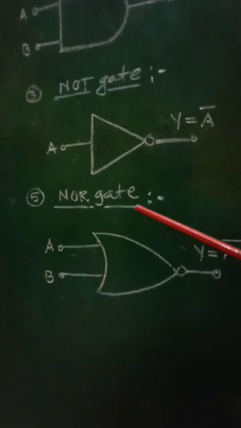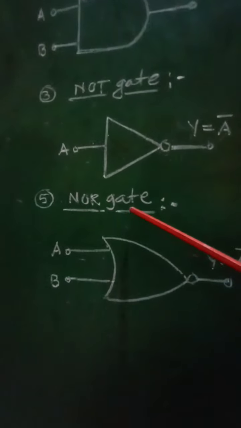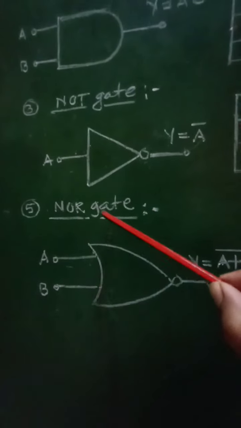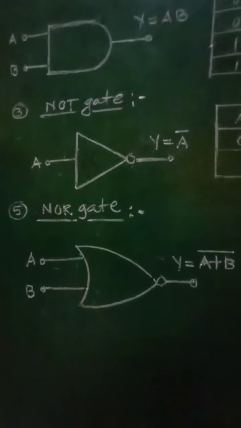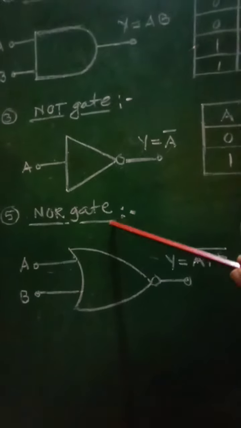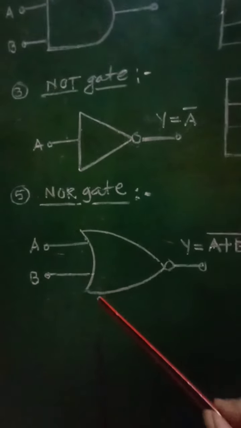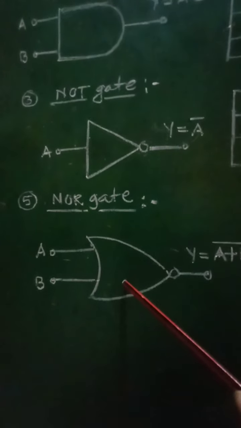Then let us consider the fifth gate, that is NOR gate, that is NOT OR. That means the output of the OR gate will get inverted due to this NOR gate. Symbolically, NOR gate will be shown as it is.